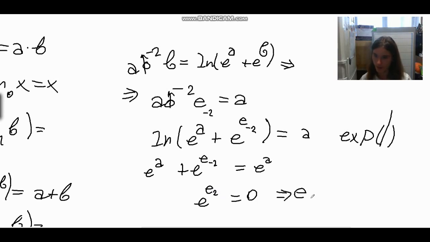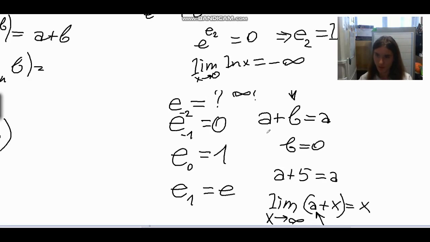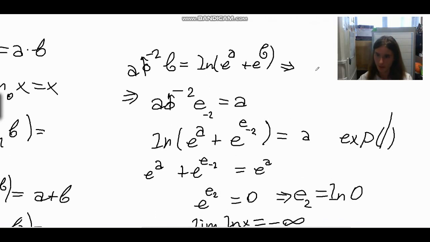Means that neutral element is natural log of null. But what is natural log of null? If we write down limit, if x approaches null, ln of x, we got negative infinity. Yes, as we thought a bit earlier, this is some kind of infinity.